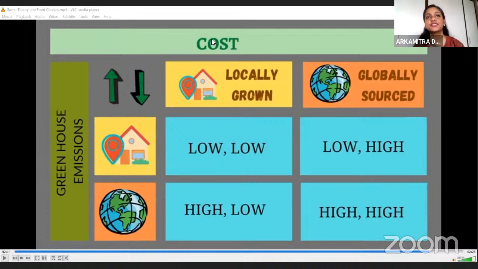All right, Audrija, to answer your question, firstly, the payoff matrix is not set in stone. This is my payoff matrix that I have designed, and I wanted to show it with respect to cost and greenhouse emissions. Now, let's say you design a payoff matrix with maybe health and taste.